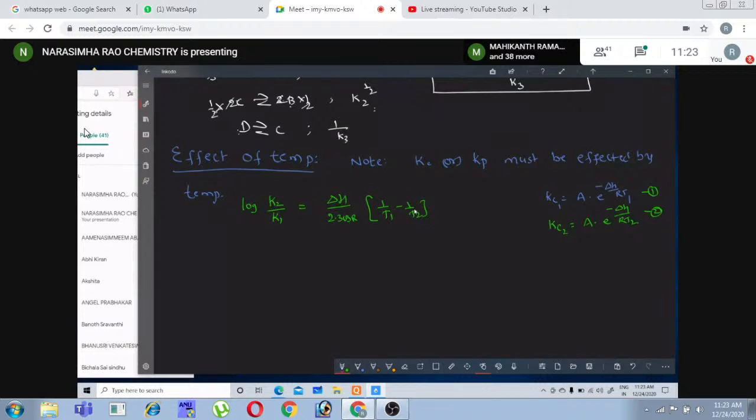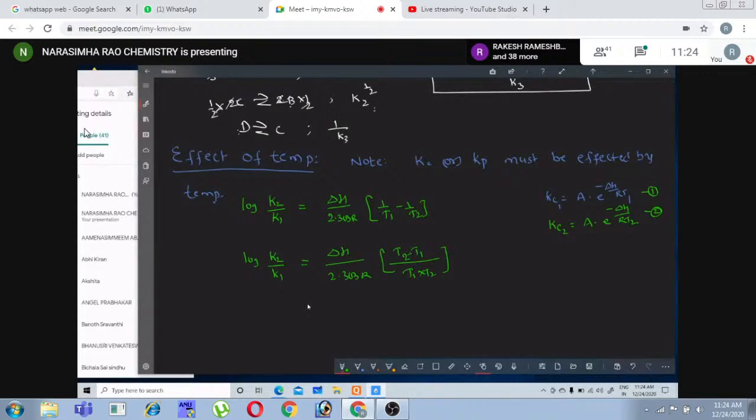In other words, log K2 upon K1 is equal to delta H upon 2.303 R into, taking the LCM, T2 minus T1 by T1 into T2. It's clear. This is the equation.